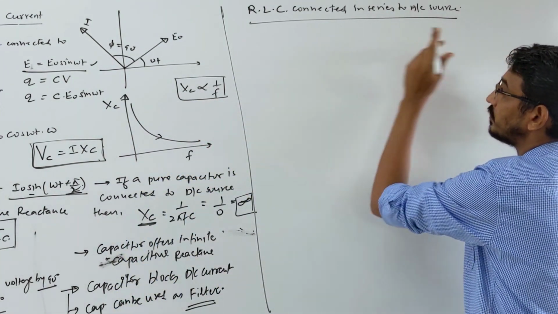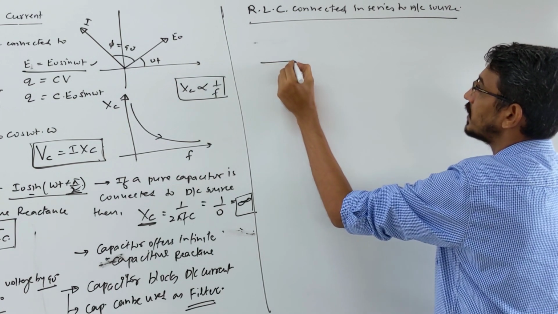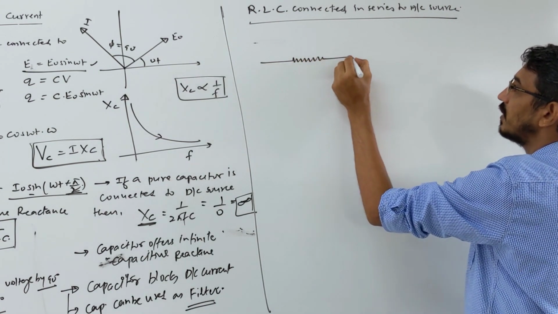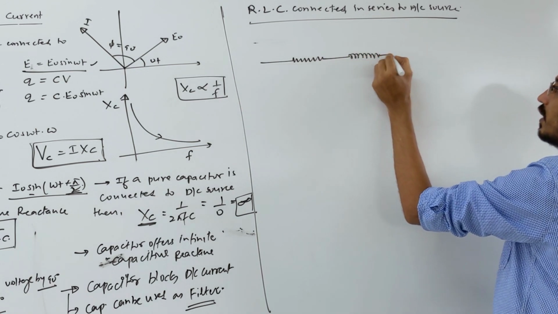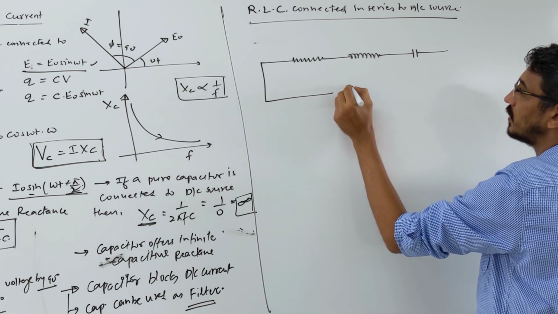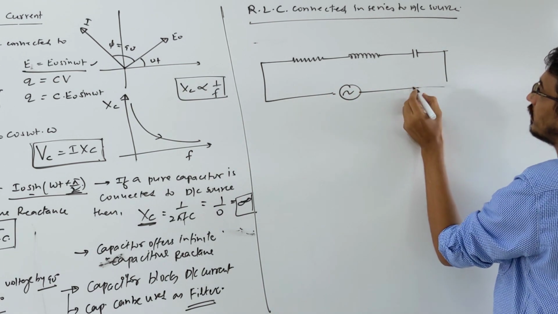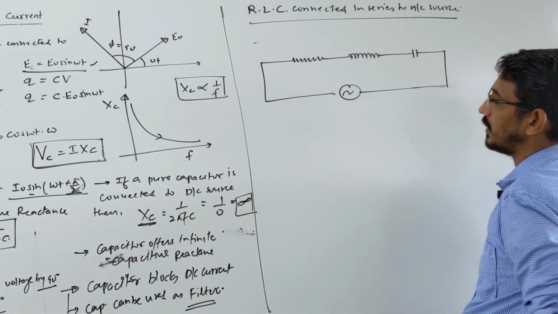So let's see it here. You have a circuit which contains a resistance, an inductor and a capacitor, and all are connected to an AC source. This is your AC source. Now see it.